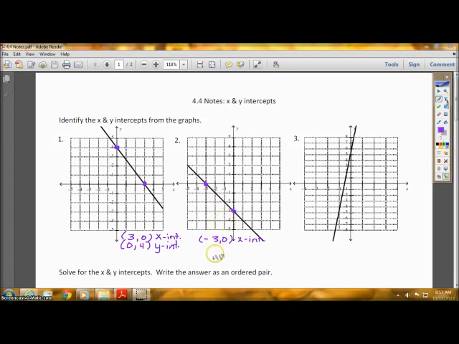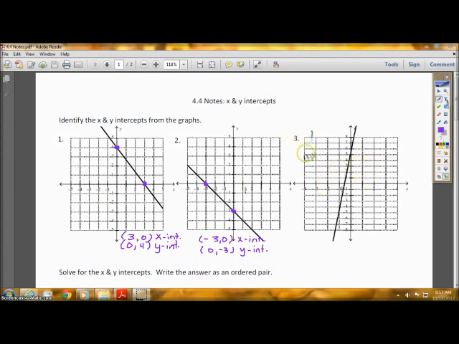And my y-axis is crossing at 0, -3. And that's my y-intercept. So again, it's where my line crosses my x-axis and my y-axis, and that's where the line intercepts the axes. It crosses them.